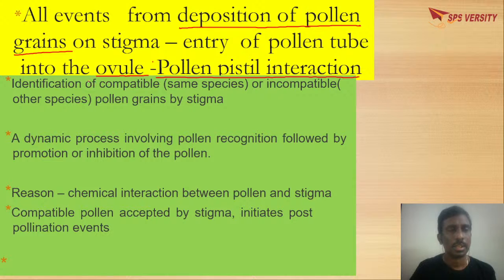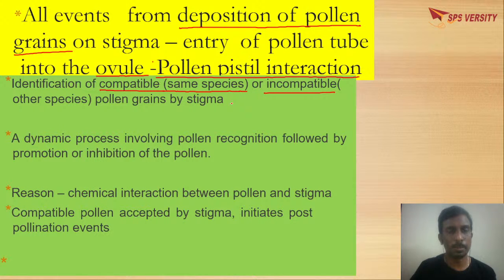In this, the pollen has to identify the same species. That means if a hibiscus pollen grain falls on the stigma of hibiscus only, then it is the same species, so it is compatible. Suppose it falls on another stigma, then it is incompatible.